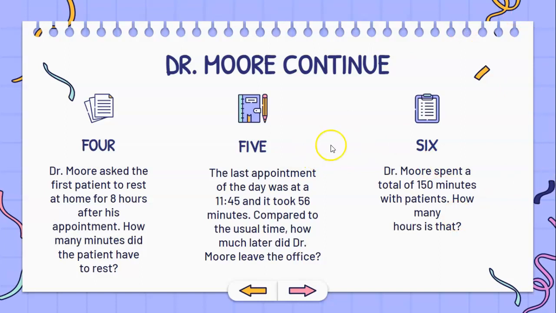Number 5 says the last appointment of the day was at 11:45 and it took 56 minutes. Compared to the usual time, how much later did Dr. Monroe leave the office?